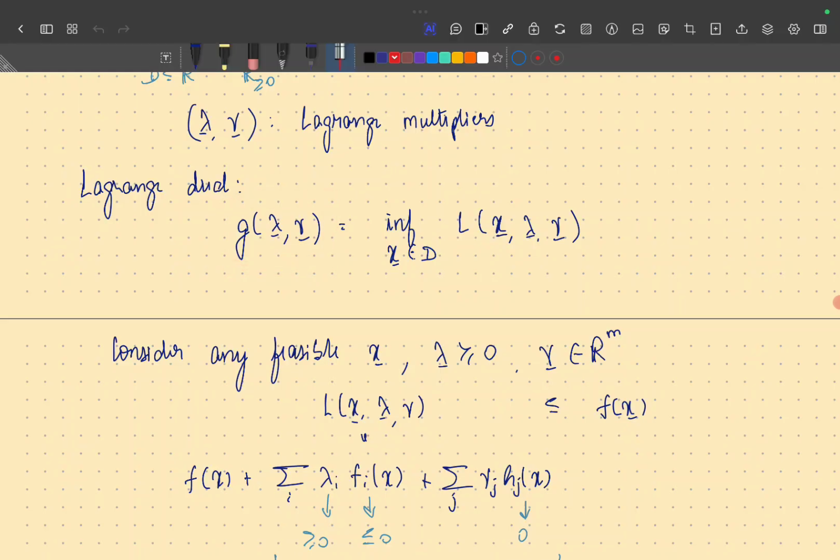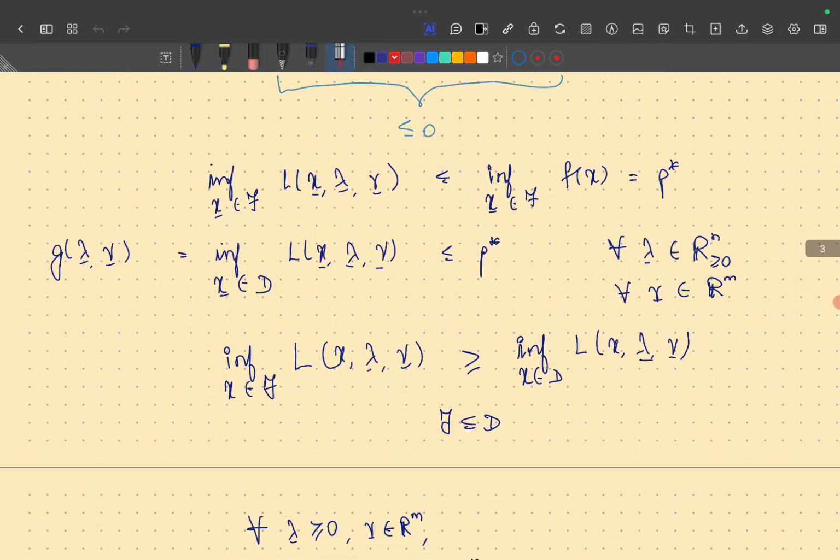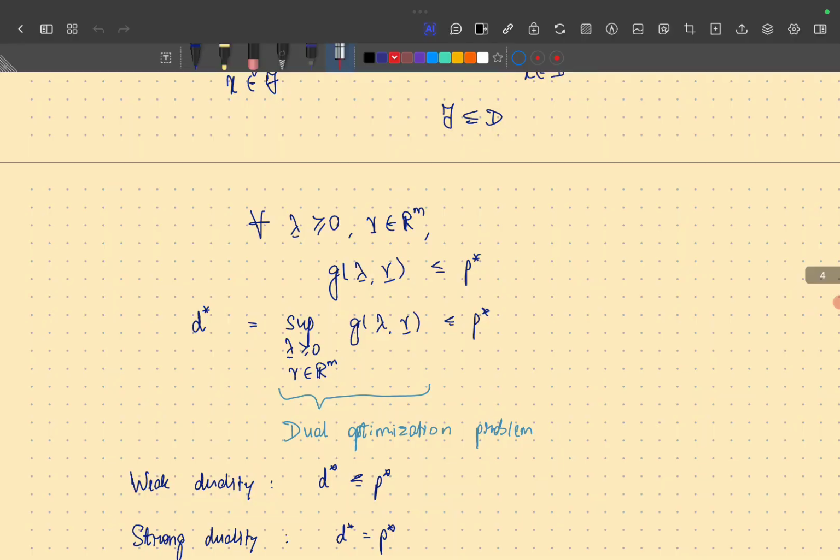So what you could do is try to get the best possible lower bound, or the closest possible lower bound, and try to maximize g(lambda, nu) over lambda greater than or equal to 0 and nu in R^m. And the corresponding optimization problem is called the dual optimization problem. And this gives you some value d star, which is guaranteed to be less than or equal to p star.